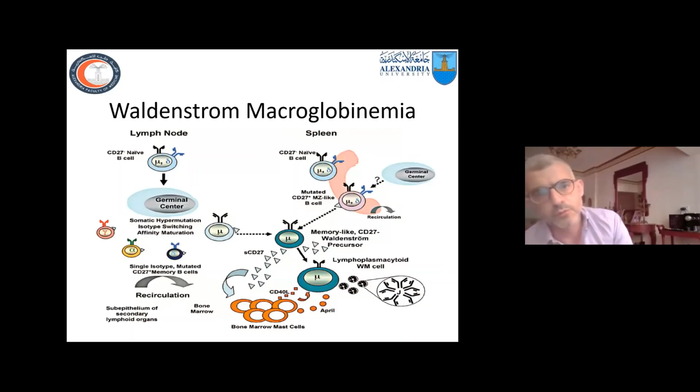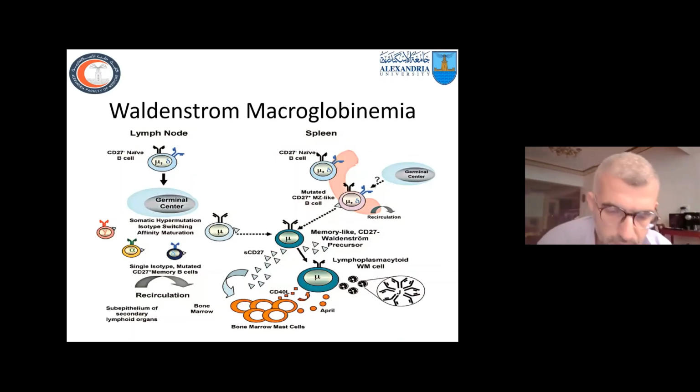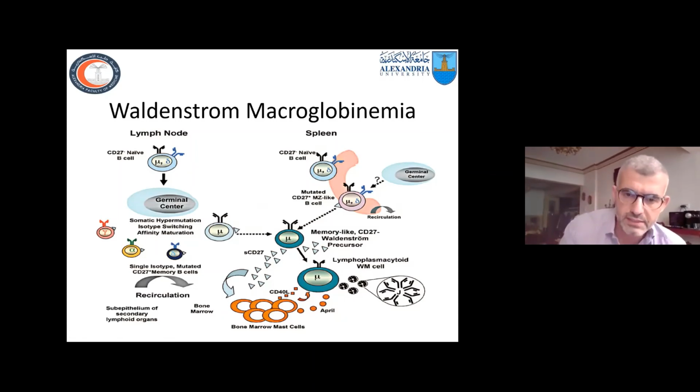Another clinical form is the Waldenström macroglobulinemia, and I don't want to confuse you more, but basically it involves the IgM. It causes a Waldenström precursor memory-like CD27 positive cells, which basically turns into the lymphoplasmacytoid Waldenström cell.